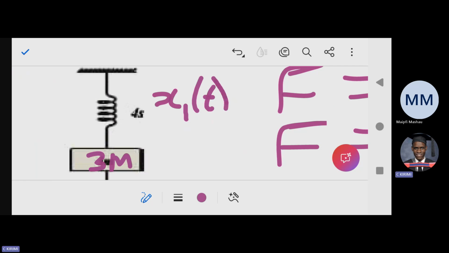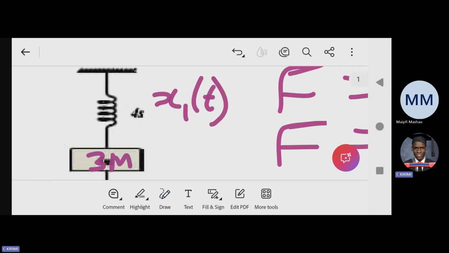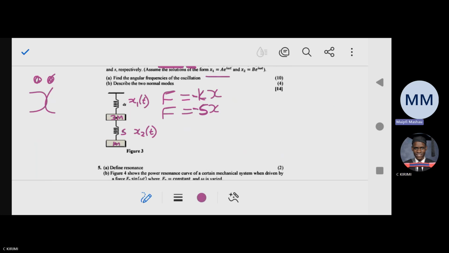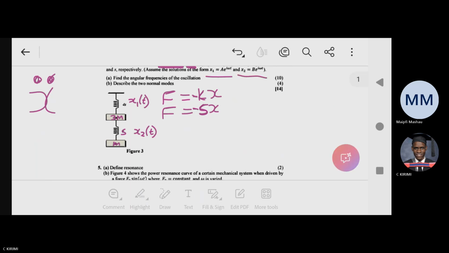So these were the conditions that we said. Let that function which we are given here be the displacement along this line, and x2 is the displacement for the second mass after the 3m mass block. So this is our setup for now.